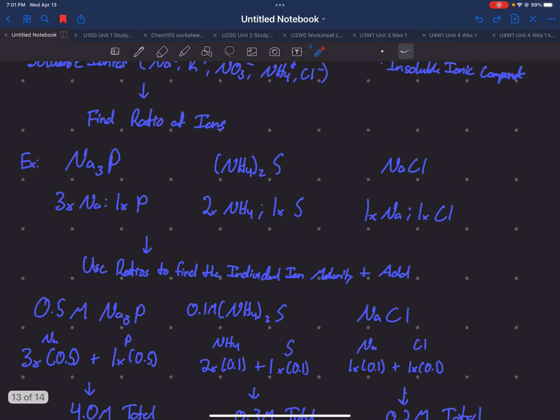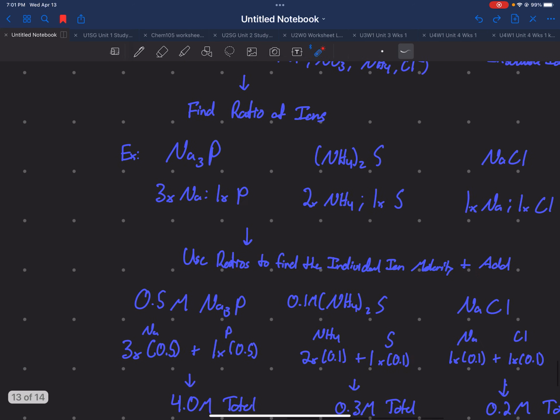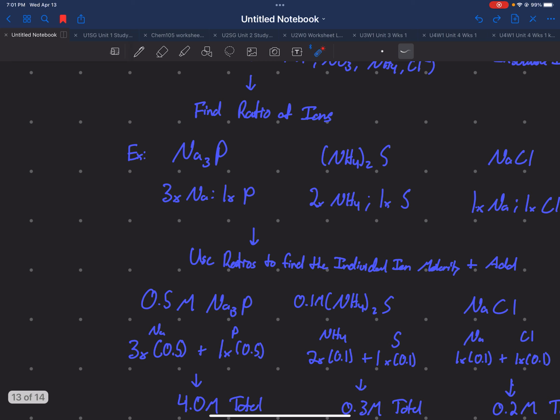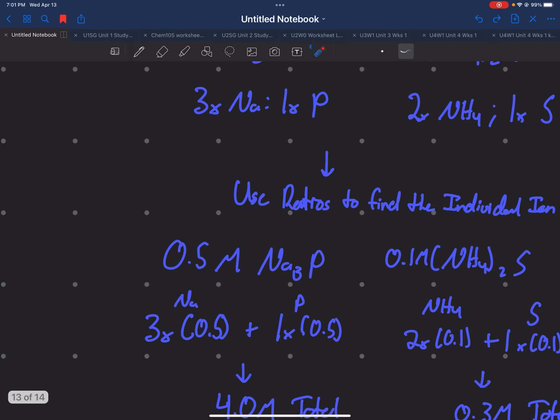Okay, so now we're going to use the ratios to find the individual ion molarities and then add. If we use the same substances, but this time looking at a concentration, all we're doing is multiplying the concentration of the original compound by the ratios.